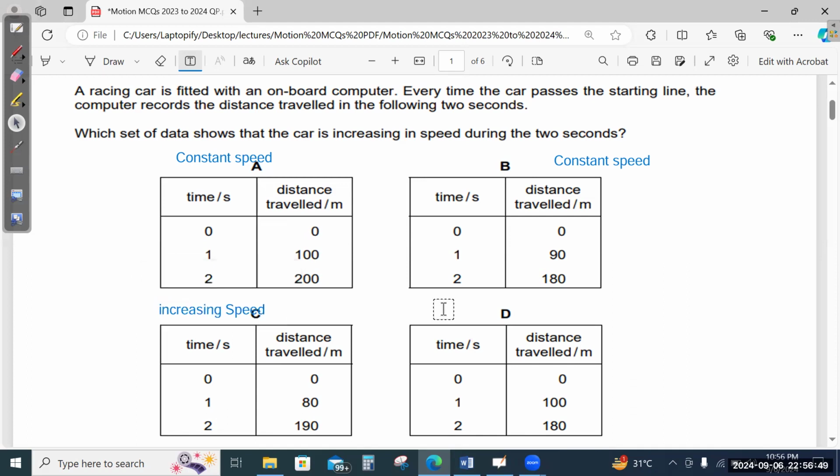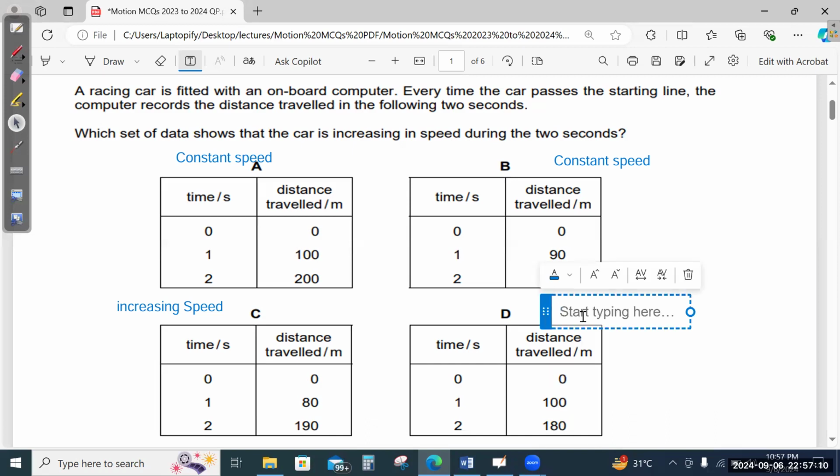In the D option, in the first second the body covers 100 meters, and in the next second it covers 180 minus 100. It means it covers only 80 meters. It means in the D option the speed decreases.